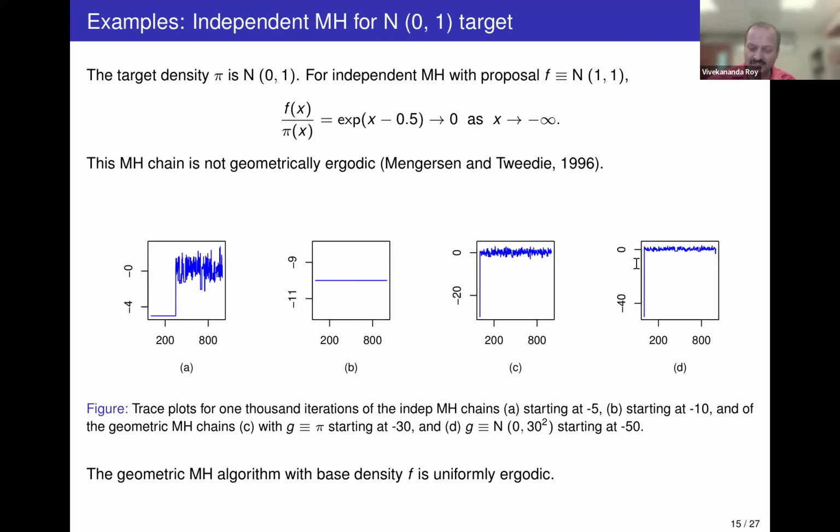Then I use this geometric proposal with the same f, that N(1,1), but with different g's. First, I take g to be my target pi, that N(0,1), which is the third plot. And here I'm starting at -30, and it moves to the target in less than 2-3 iterations.